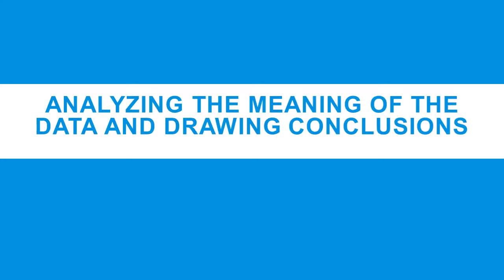So this time we'll be discussing analyzing the meaning of the data and drawing conclusions. Before we proceed to our topic, may I present to you first our objectives for today's discussion.